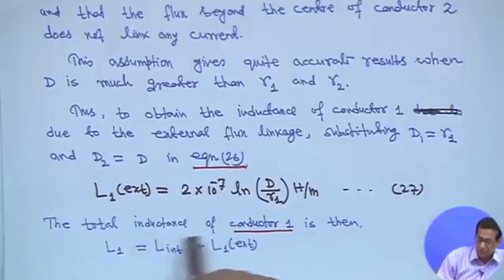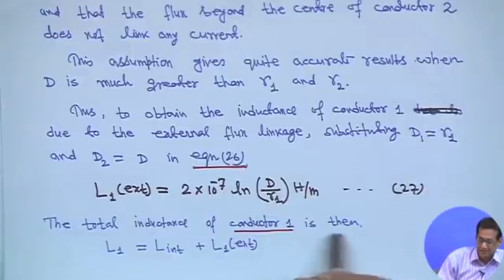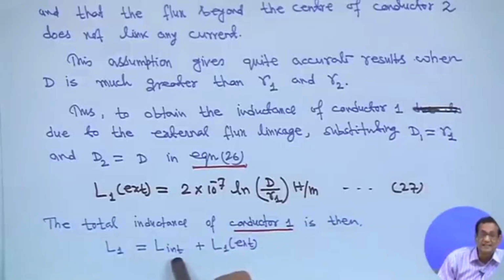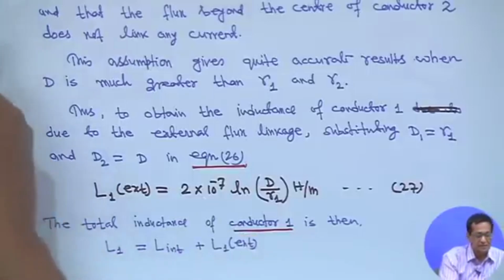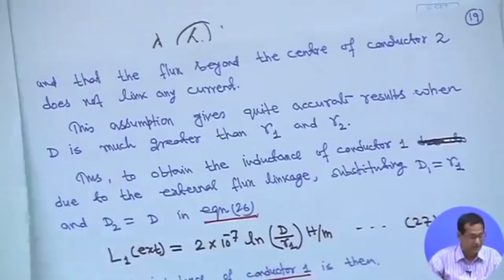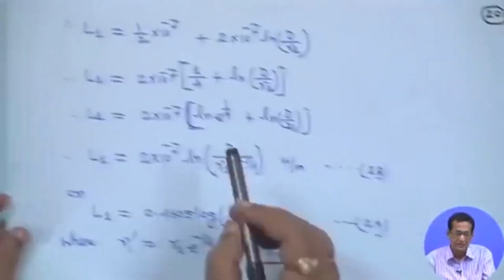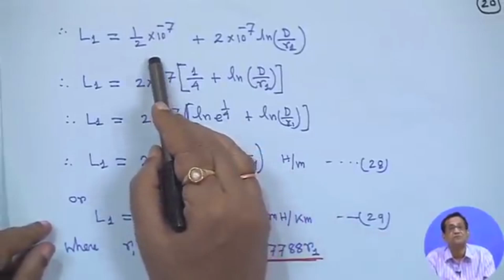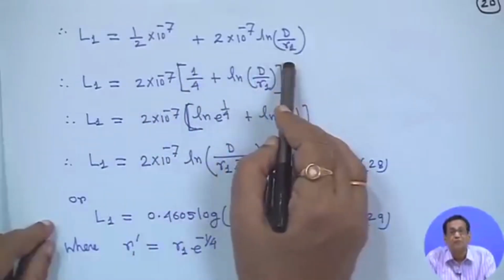Therefore, the total inductance of conductor 1 is L1 equal to the internal inductance, half into 10 to the power minus 7, plus L1 external. That means L1 is half into 10 to the power minus 7 plus 2 into 10 to the power minus 7 ln D upon R1.